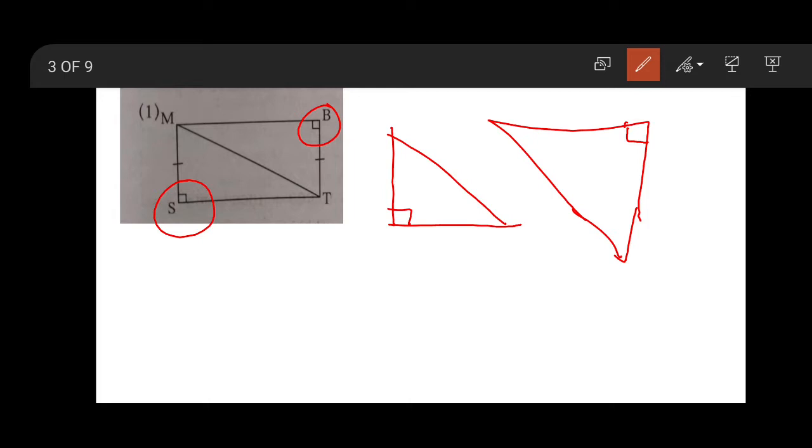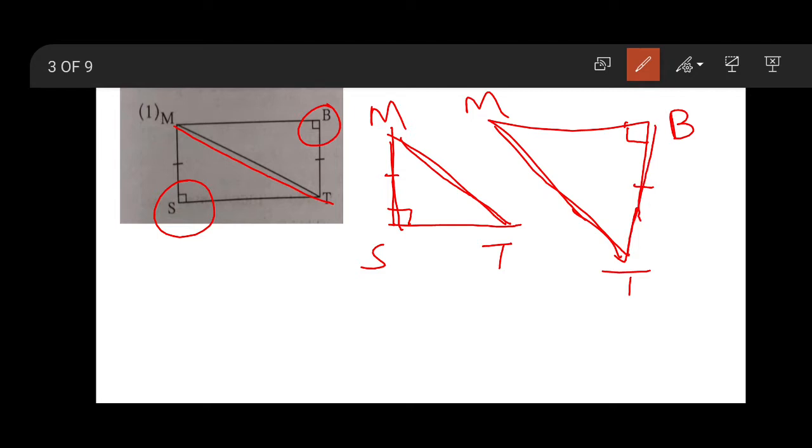So, here in these two triangles, MST and MTB, these two are right angle triangles, and opposite to the right angle is the hypotenuse. Here in this figure, MT is the hypotenuse, which is common, and it is congruent. The identical mark means sides MS and BT are also congruent.